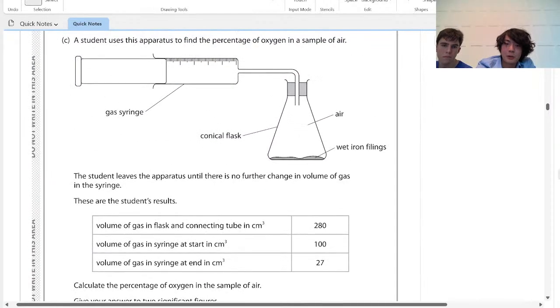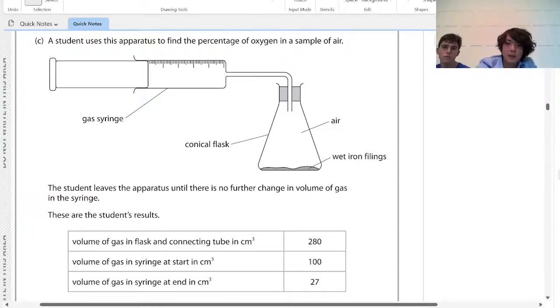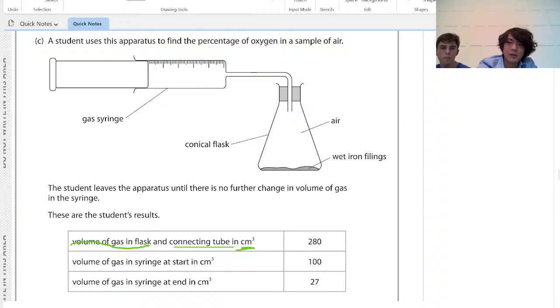So if we go back to the diagram, volume of gas in flask and connecting tube in cm3. So that's this bit, and that's going to be constant. That's 280. Volume of gas in syringe at start is 100, and at end is 27.